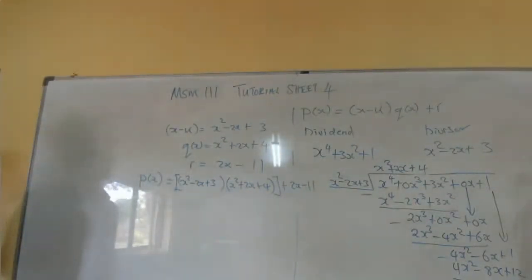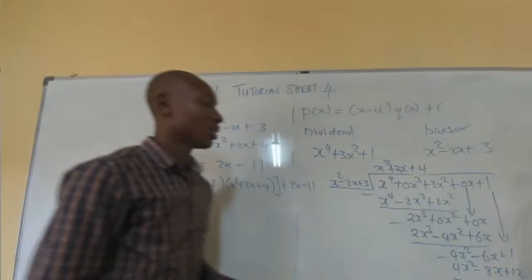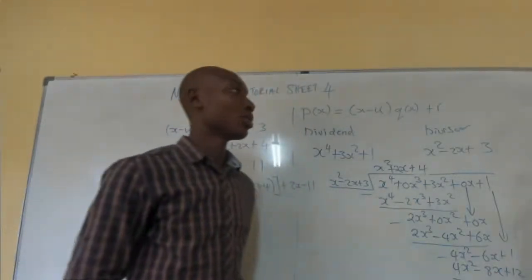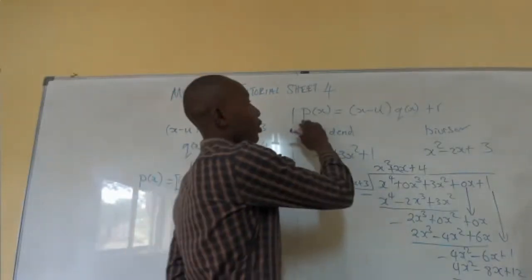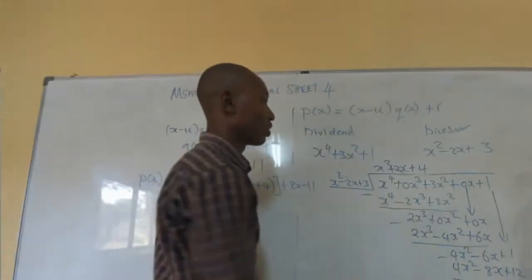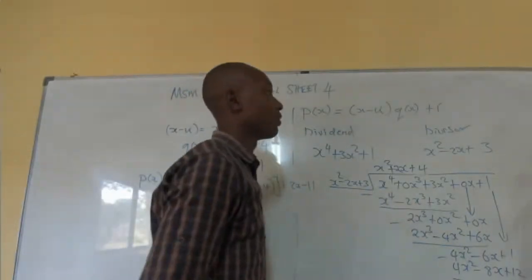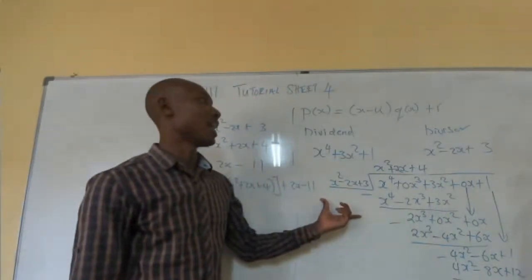Okay, so that suffices. That's the answer to the question. So if you are asked the very question but you are told to use the long division method to write your polynomial in this form, this is how we are going to go about it. This is the application of long division on a more complicated divisor.